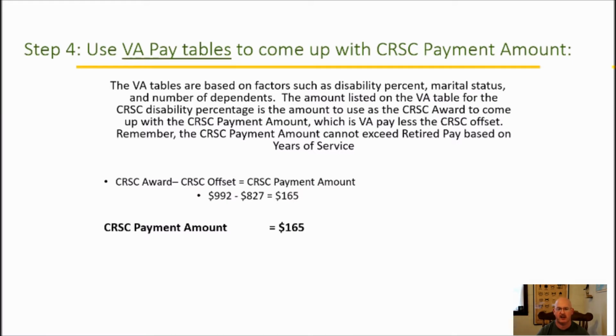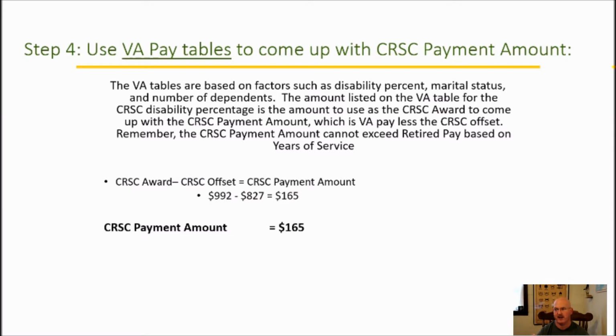So that's also $992 per month. Now, we take the 992 and the CRSC offset that we computed earlier, and subtract it from the 992. So it's 992 minus 827.